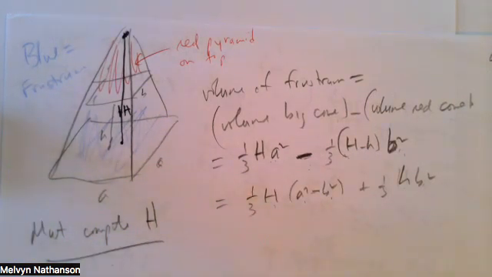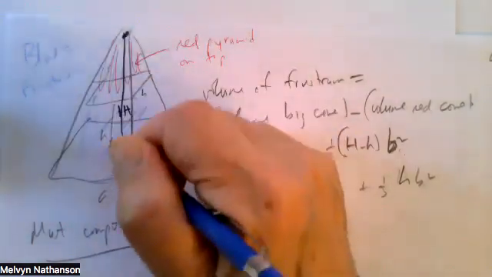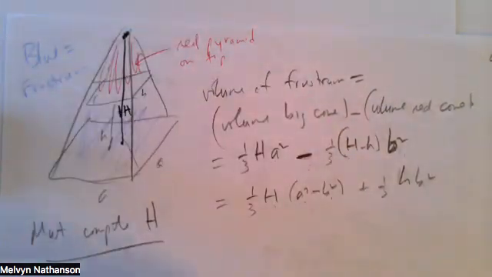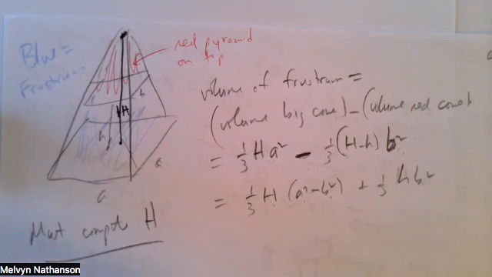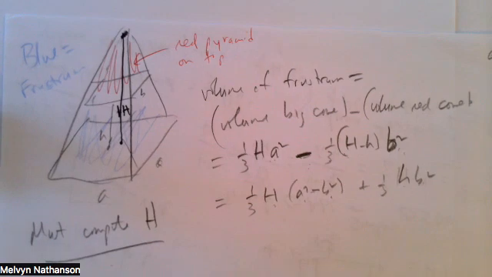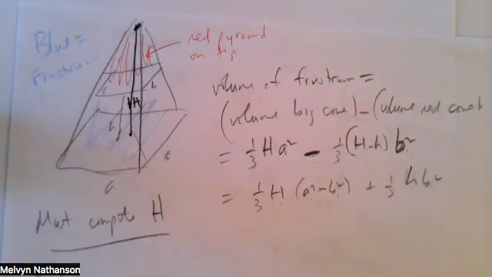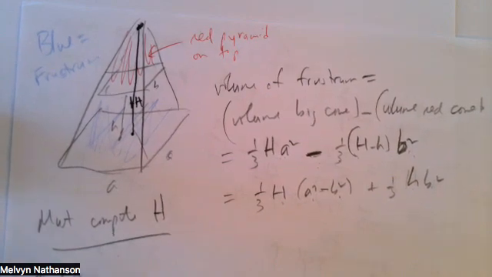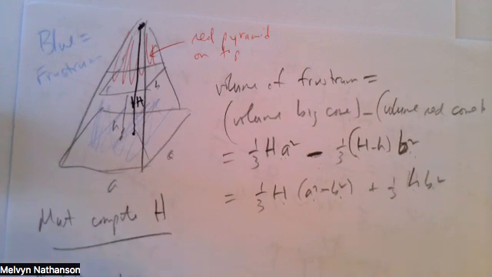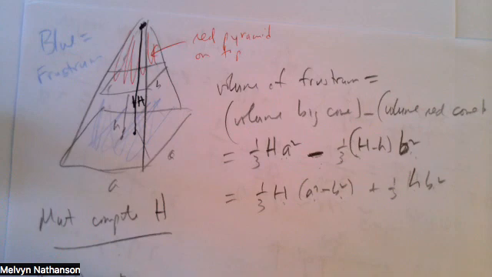I have to know what that is. So if I look at the triangle that I get slicing through the pyramid, this is capital H, this is little h, so this is capital H minus little h. We calculated that this is A over the square root of 2, and this is B over the square root of 2.